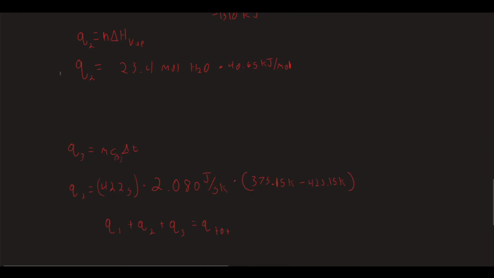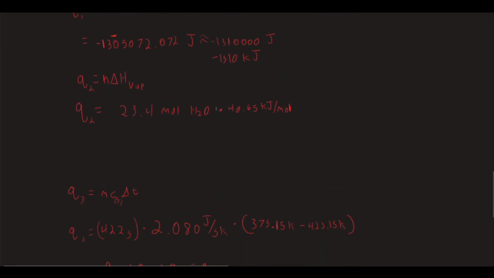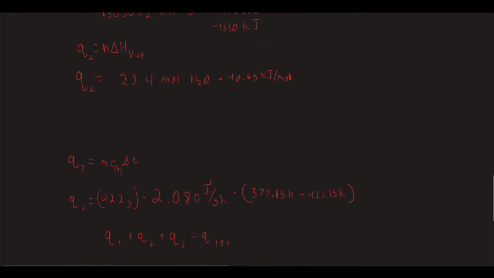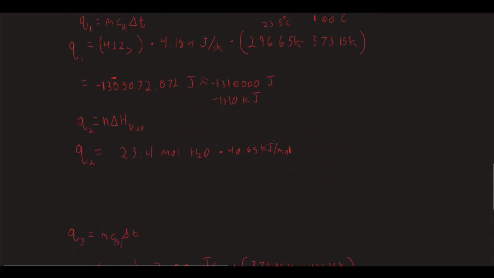So our Q2, really simple. So this is just one basic multiplication. Kilojoules is going to be what we end up with. And the reason I converted that to kilojoules is because you'll notice that the delta H's are in kilojoules per mole, and so when we add everything together, it'll be in kilojoules rather than joules. We won't have to do an unnecessary conversion.